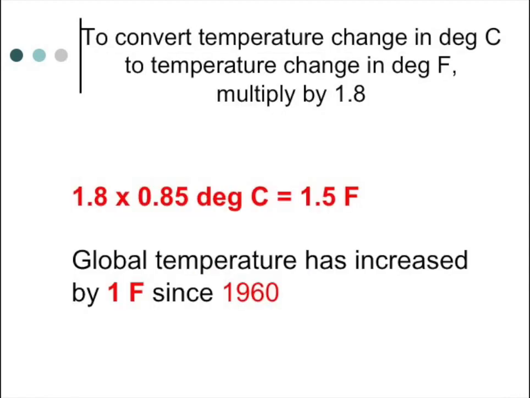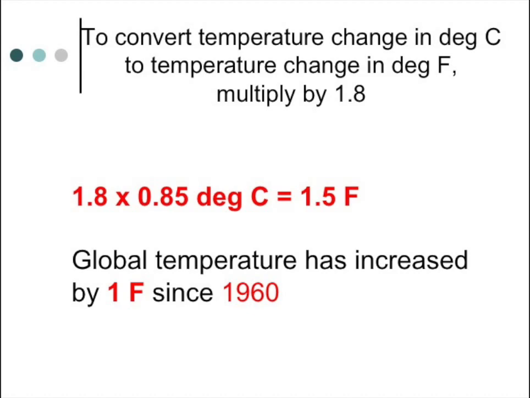As you know, there are two unit systems for temperature. One is centigrade, the other is Fahrenheit. Since the beginning of the Industrial Revolution, the rise in temperature has been about 0.85 degrees centigrade, about 9/10 of a degree, which if you multiply by 1.8, the conversion factor, you get 1.5 degrees Fahrenheit.